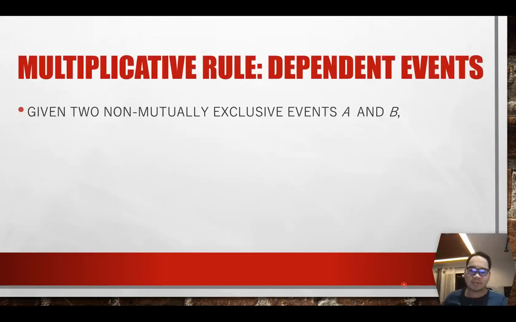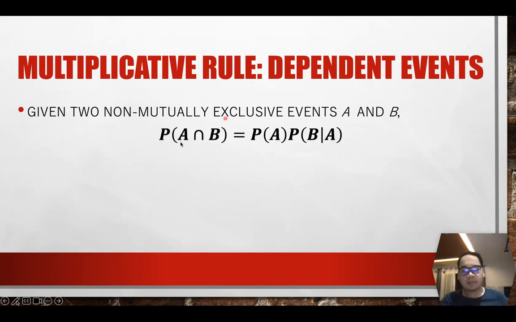Given two non-mutually exclusive events A and B, so they have an intersection, the probability that both A and B will occur in a sequential manner or all together is the probability of A happening and then the probability of B given that A already happened.